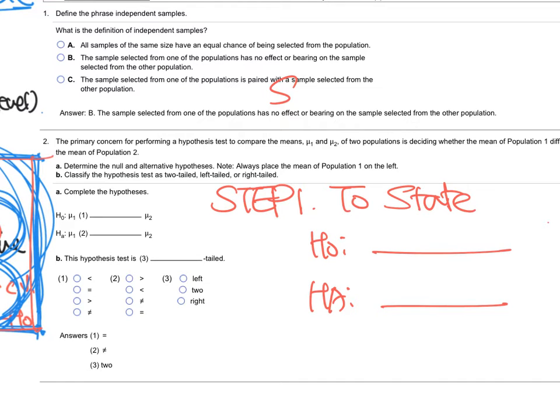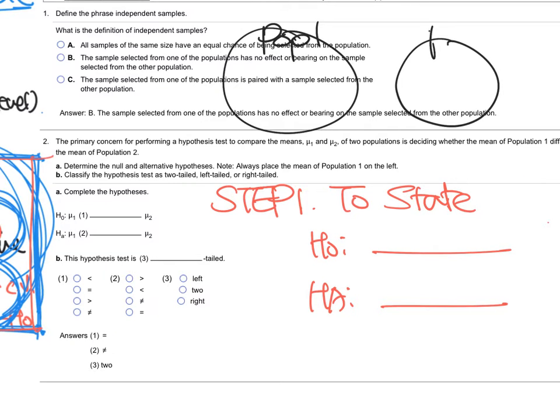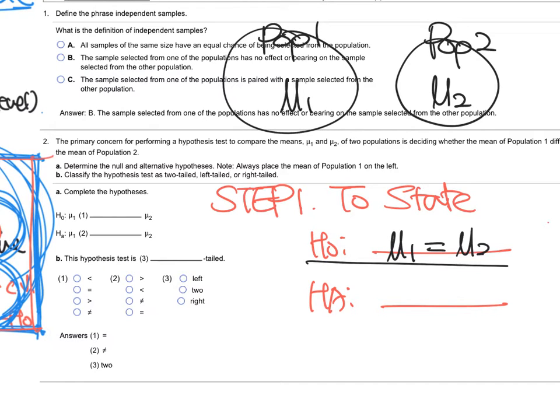Actually, now we have 2 populations. It's population number 1 and population number 2. So we have 2 means, mu1 and mu2. So in the null, we just state that mu1 is equal to mu2. And the alternative one, here is mu1 and mu2.